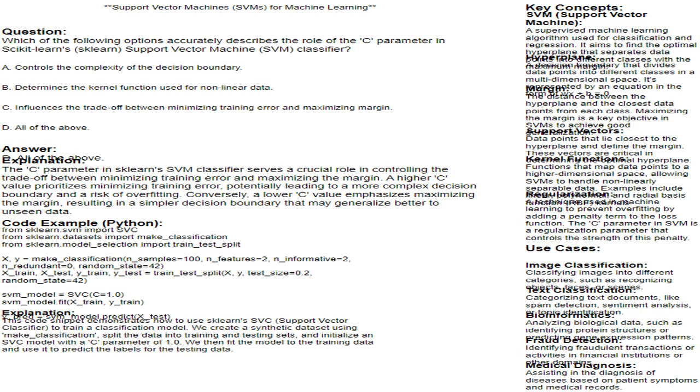The hyperplane equation can be represented as w1x1 + w2x2 + b = 0. To maximize the margin, we need to find the values of w1, w2, and b that maximize the distance between the hyperplane and the closest data points from each class (support vectors). The C parameter in SVM influences this optimization process.